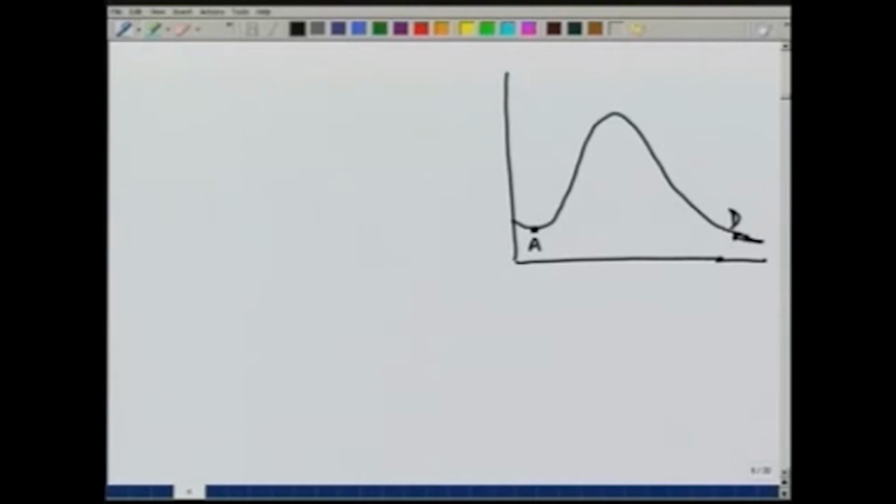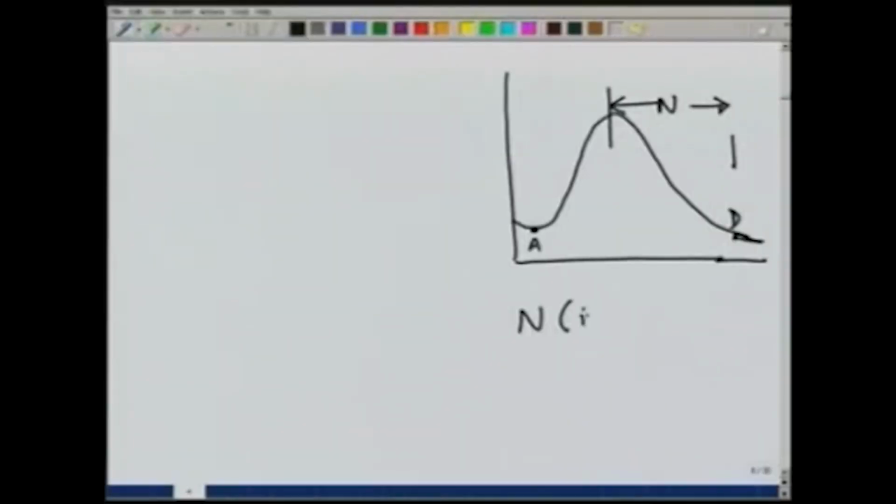But there are some empirical relations which give us the location of the point D, and one of the commonly used equations is that from the peak the point D has a distance of n in days, which is related to the catchment area, where A is in kilometer square.